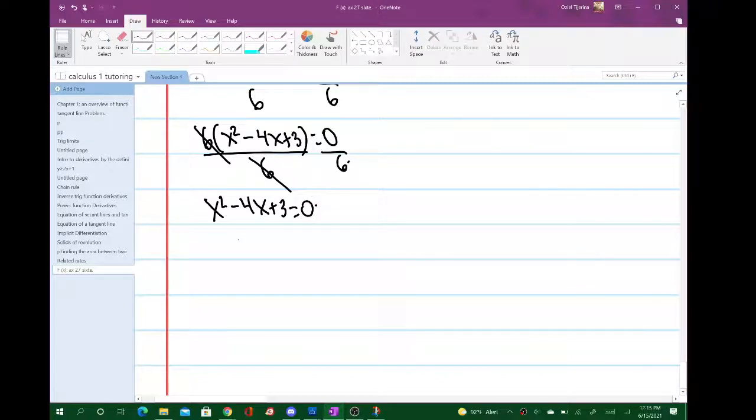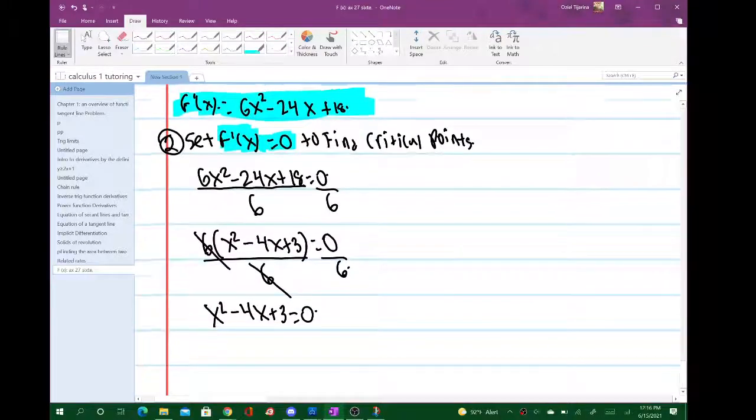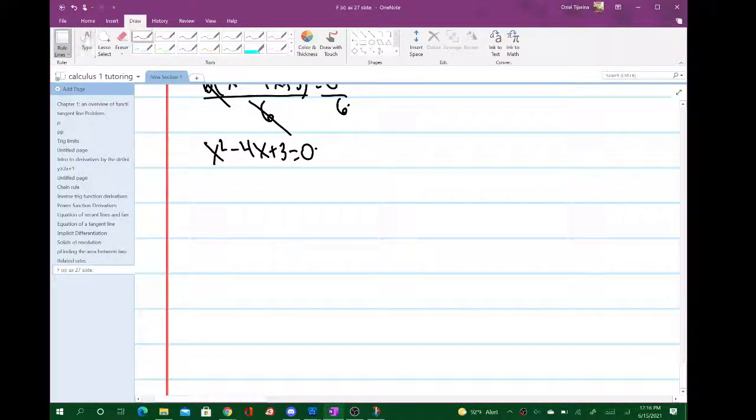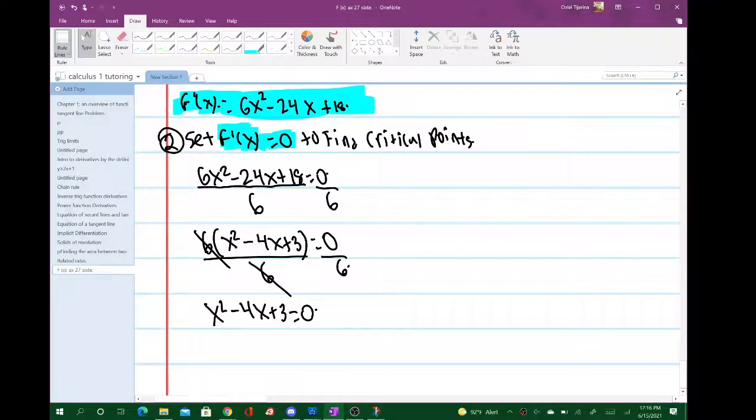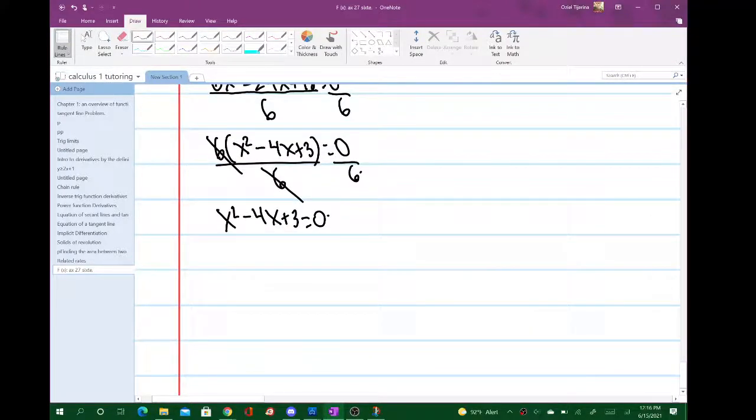Sorry about that, guys. I was getting kind of confused for a second. And then you're going to set it equal to 0, and you're going to solve for x. I forgot to say and solve for x. So you're going to solve this for x.